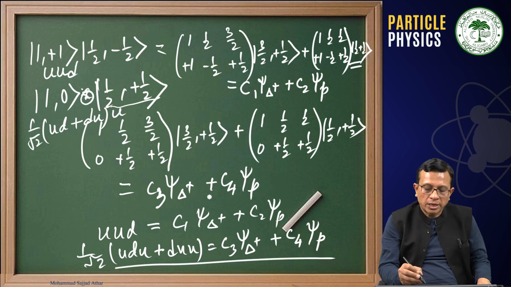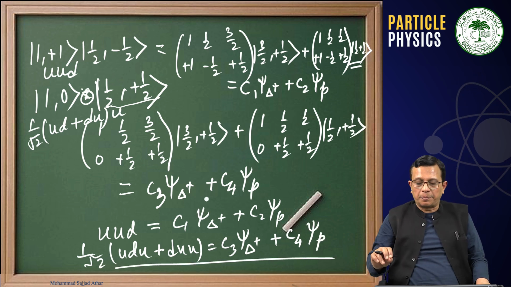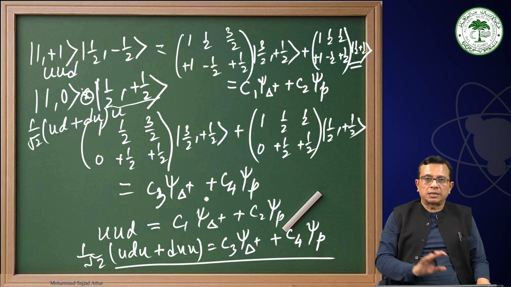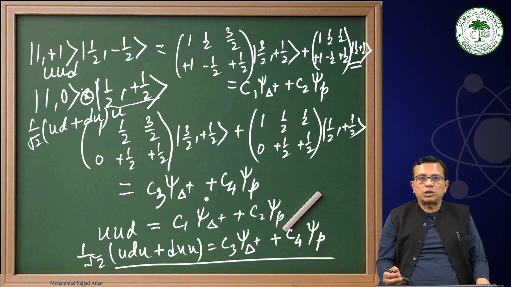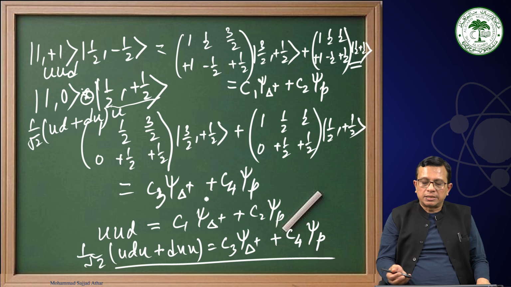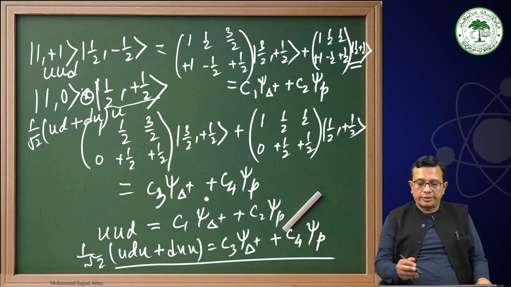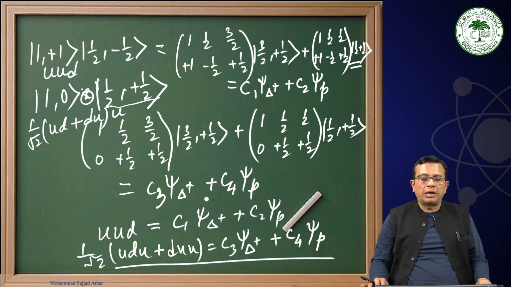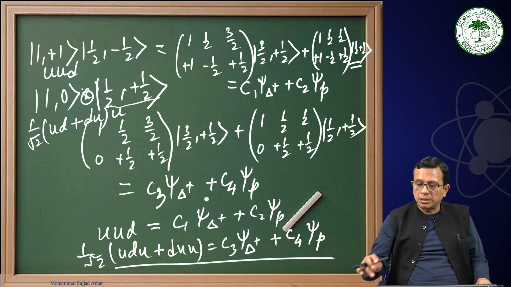What is unknown is this psi delta plus and psi proton. All of the other things are known, and we have two equations and two unknowns. This is 8th class algebra. From here we will evaluate the values for psi proton and psi delta plus. Yesterday we saw the values of C1, C2, C3 and C4. This is what we have done.